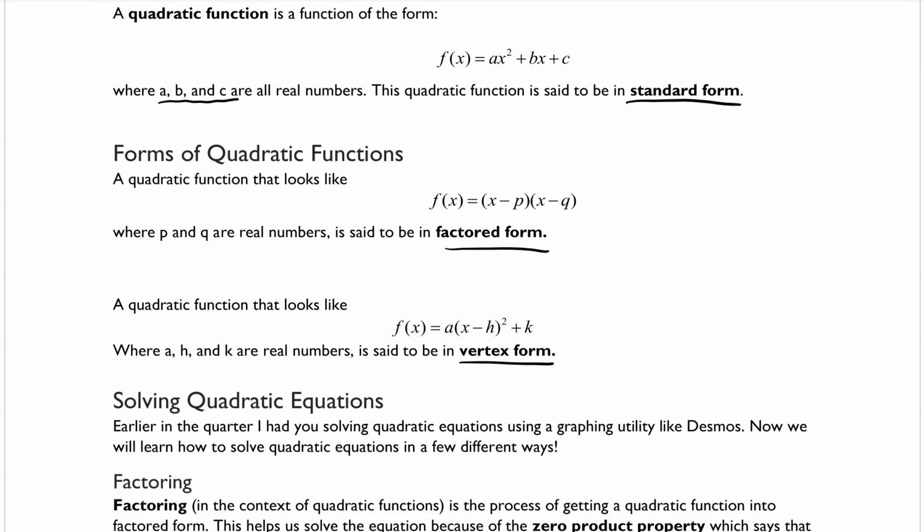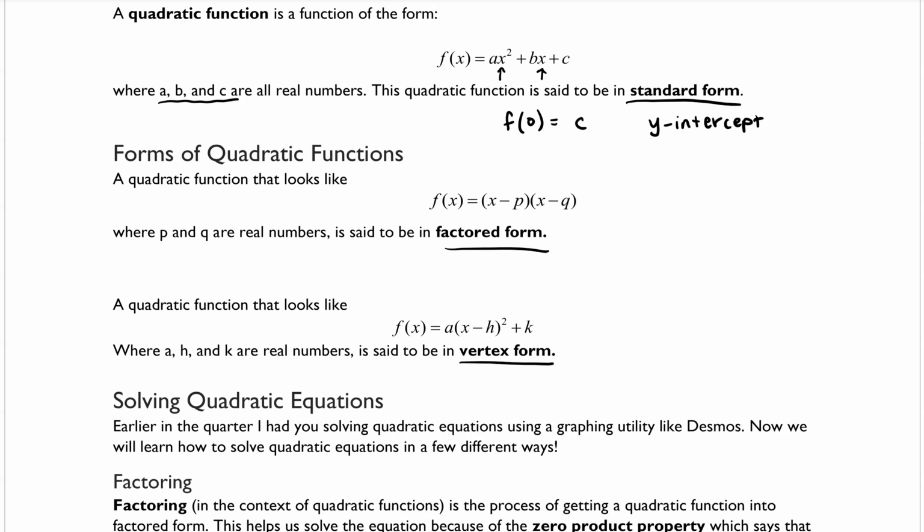Standard form is usually nice to see what the y-intercept is. And the reason that we can do that is because in order to find the y-intercept or vertical intercept, basically we're just plugging in 0 into our function. And so if we plug in 0 for x here and here, what we're going to be left with is just whatever the c value is.